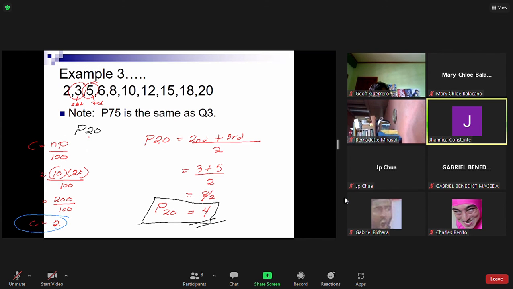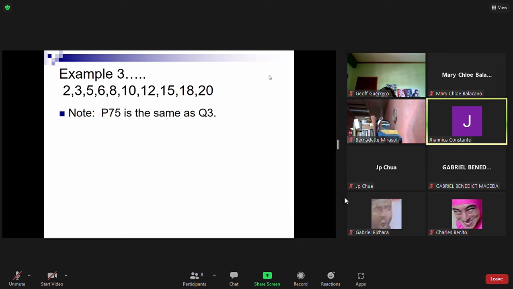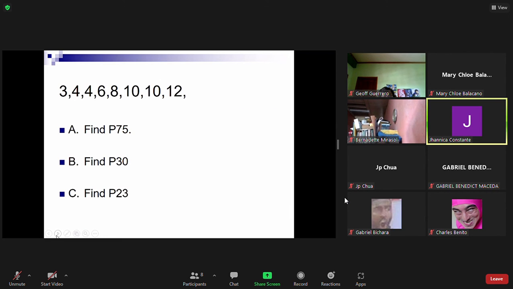Okay, let's have another example for the percentile position of our data. For example, we have this set of data and we're going to find the 75th percentile, the 30th percentile, and the 23rd percentile in the set of data that we have, which is 3, 4, 4, 6, 8, 10, 10, and 12.